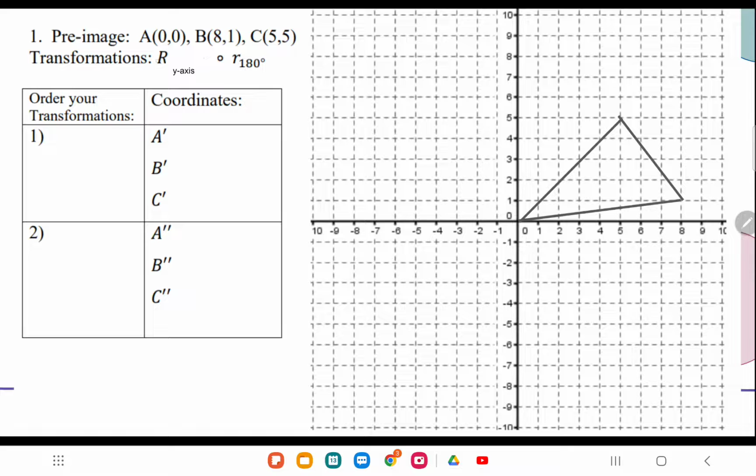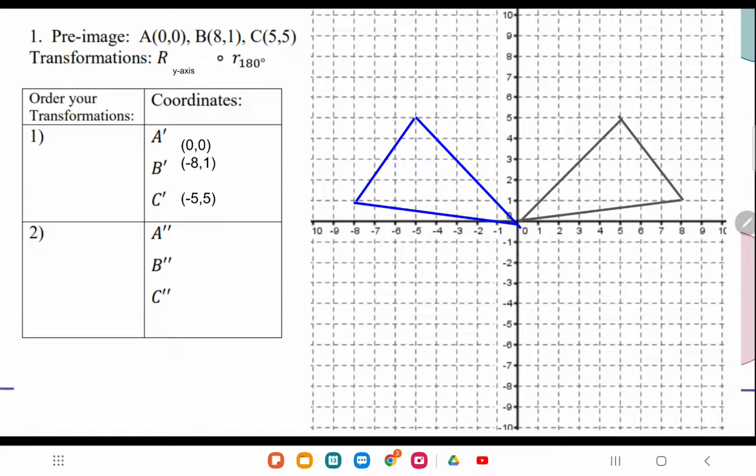So our new coordinates when I reflect in the y-axis are going to be as follows. We're going to have 0, 0, negative 8, 1, and negative 5, 5. There's my new triangle in blue, and I'm graphing in Google Slides, so sorry if everything isn't looking very precise. I did the best I could.